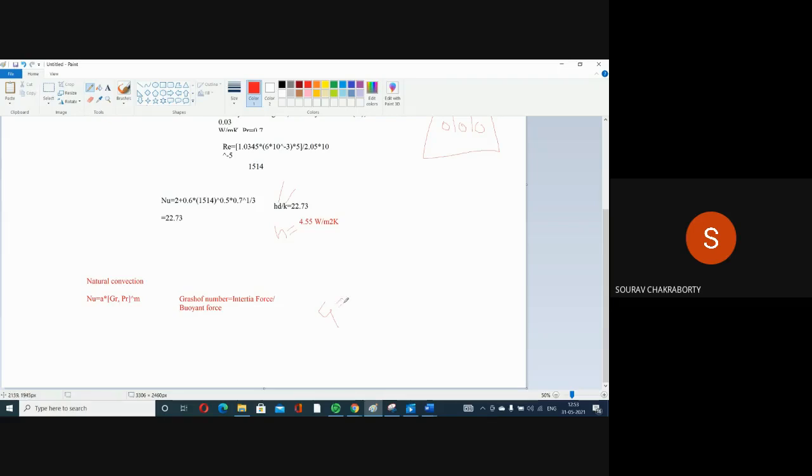Gr equal to L cube, that is length L cube, then rho square, then g, that is acceleration due to gravity, then beta is the coefficient of thermal expansion, and then you have delta T, divided by mu square.